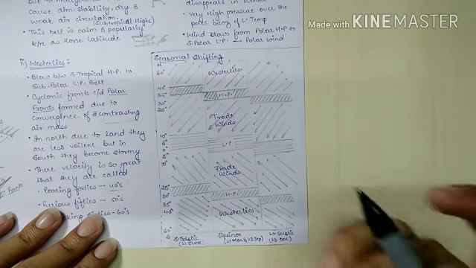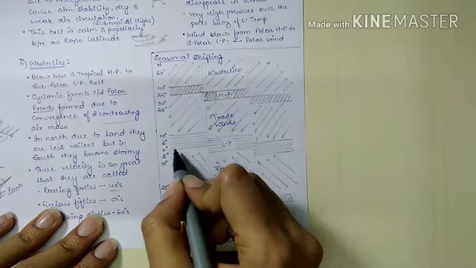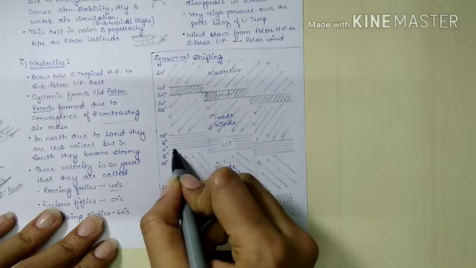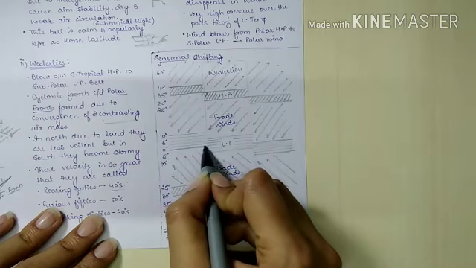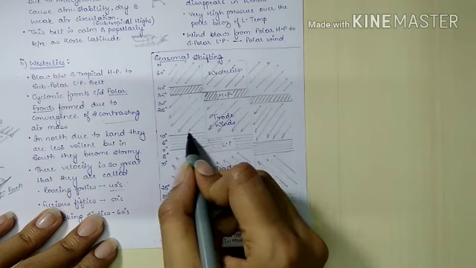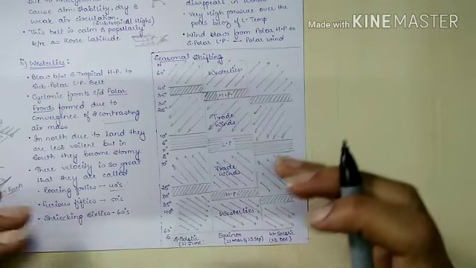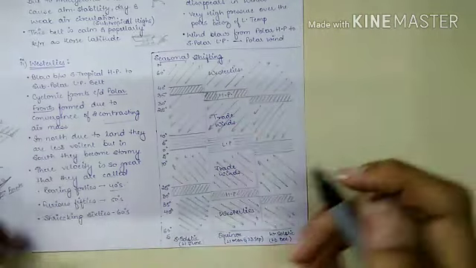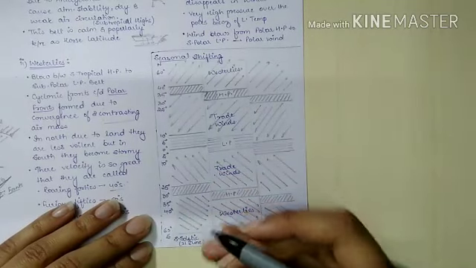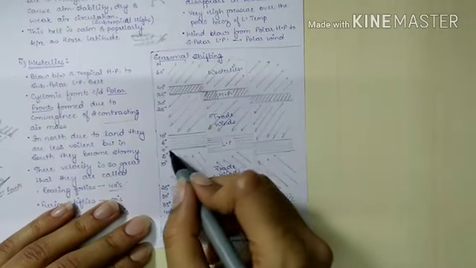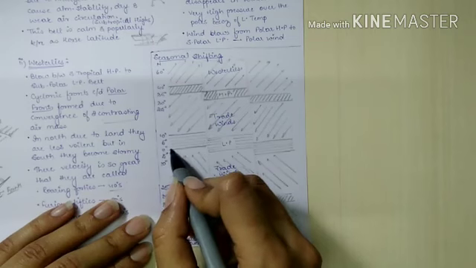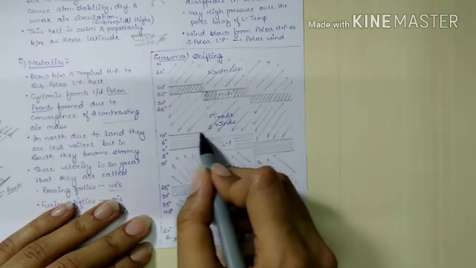So when it is shining on the Tropic of Cancer, the doldrums, or we can say the equatorial low pressure belt, shifts towards north. Each and every belt shifts towards north. The range of this one is from 0 degree to 10 degree.